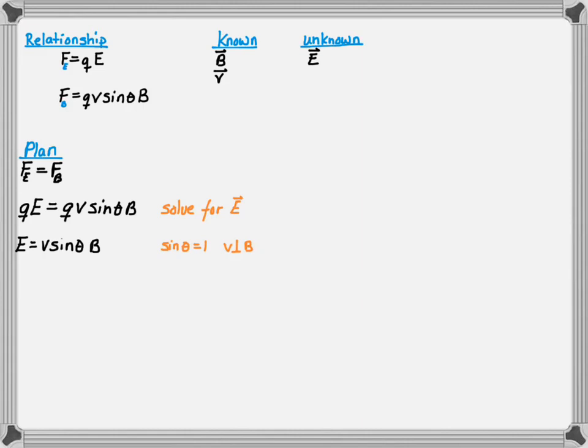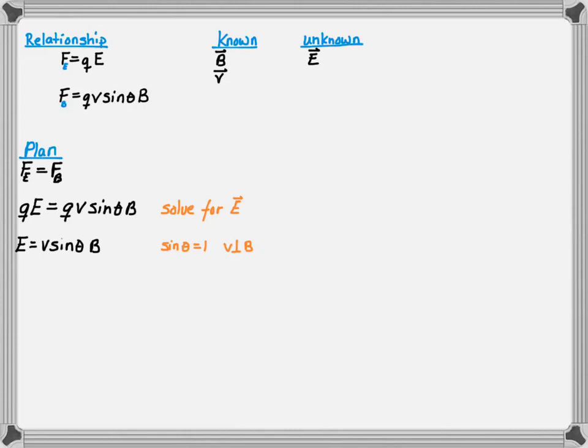Once I do that, the charge cancels out, which is fine because they did not give me the charge of the particle. What I get is that the electric field is equal to the velocity of the particle times sine theta times B, theta being the angle between the velocity and the magnetic field.